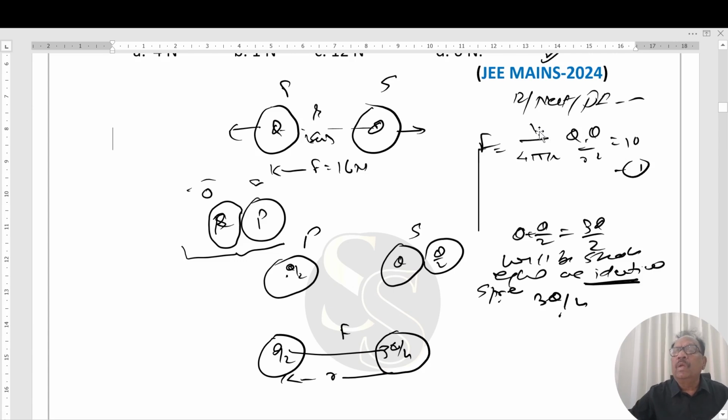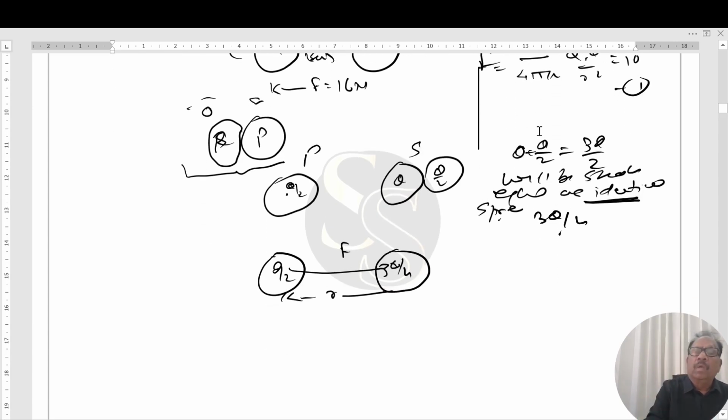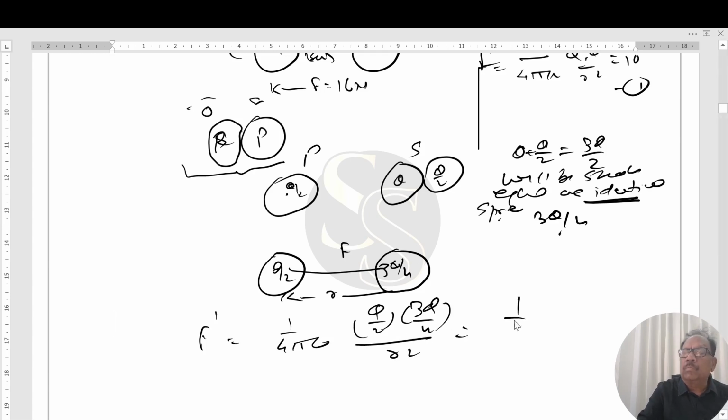In the second case, F dash will be equal to 1 over 4 pi epsilon naught, Q by 2 into 3Q by 4, upon r square. That comes out to be 1 over 4 pi epsilon naught, Q square by r square, into 3 by 8.